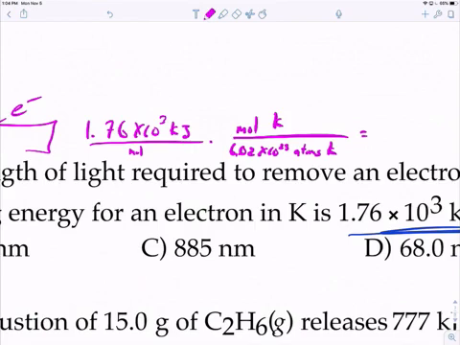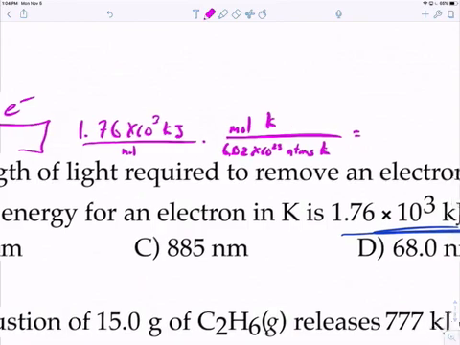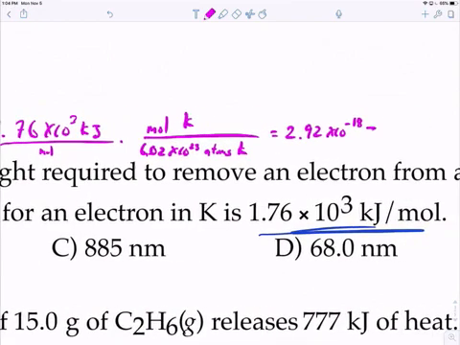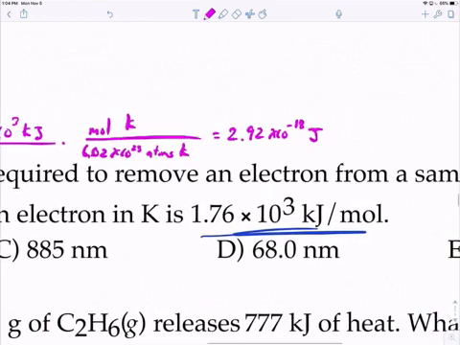So it's 1.76 million joules, because kilo is 1,000. Divided by Avogadro's number, and we get 2.92 times 10 to the minus 18 joules.